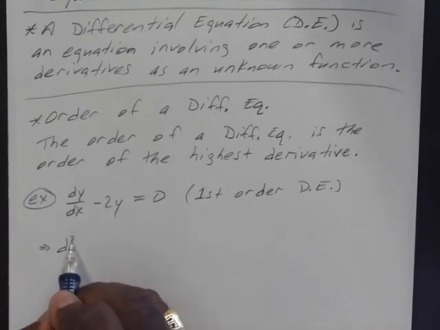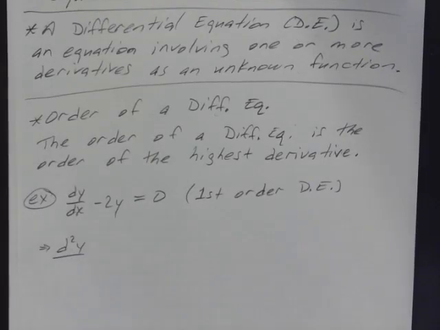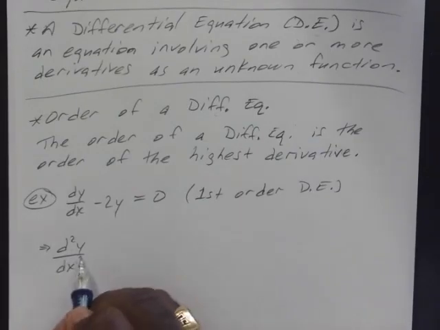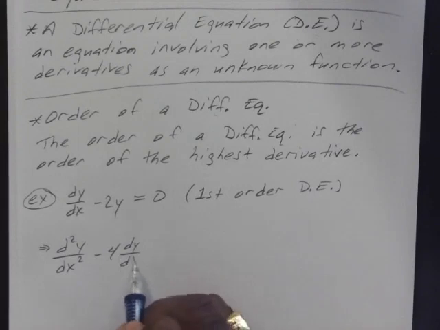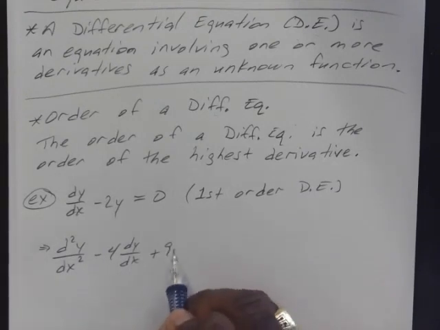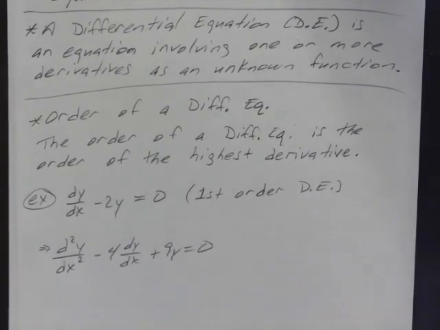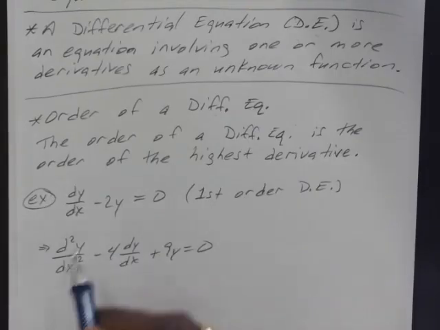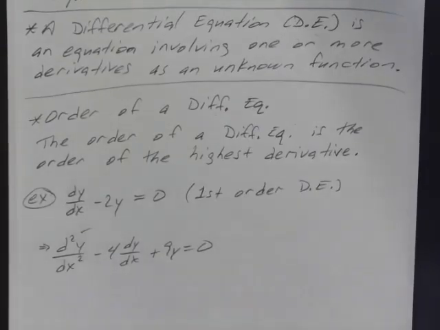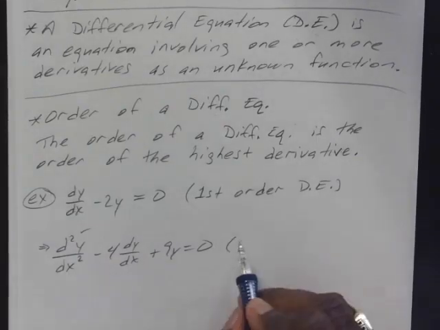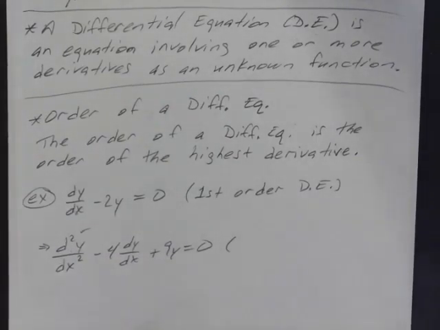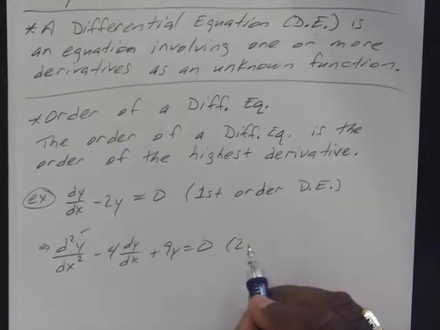Or what if you have the second derivative of y with respect to x minus 4 dy dx plus 9y is equal to 0. Well, we know the highest is the second derivative, which means this is a second order.